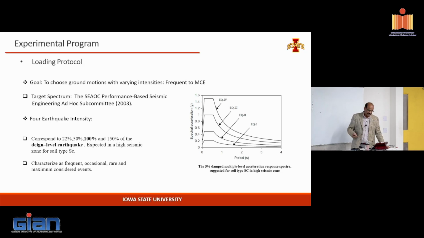The advantage there is that it tells us how it will perform if you match the demand that you're looking for: actual earthquake, but modified to the target spectrum. Then we took some actual earthquakes. We didn't modify any frequency content; what we did was modify the peak ground acceleration within certain parameters. I'll explain that a little bit.